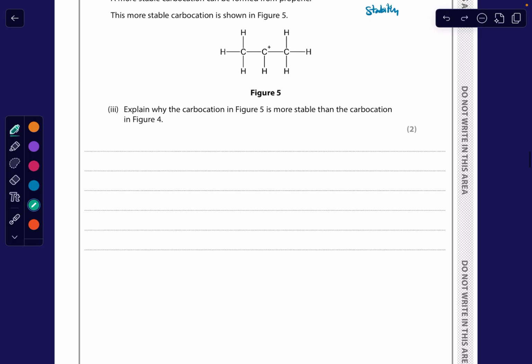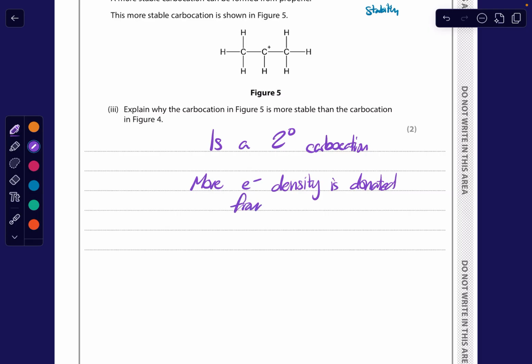So, for the 2 marks, explain why the carbocation in figure 5 is more stable than the carbocation in figure 4. Well, first of all, because figure 5 is a secondary carbocation. Then you need to follow that up with, why is a secondary carbocation more stable? It's because more electron density is donated from, I would say, adjacent carbons.